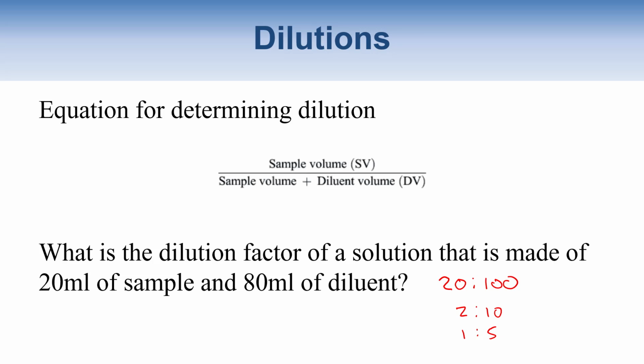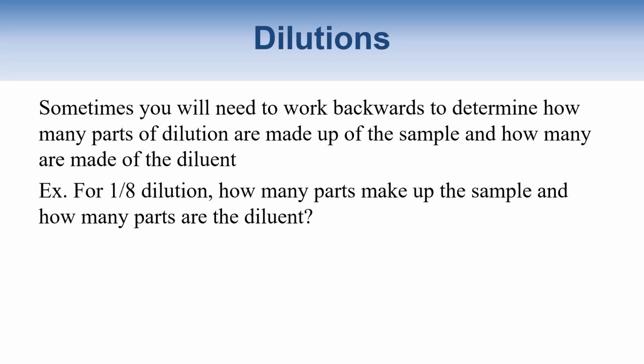Now, where did I get that from? So the first part of this is the sample. The second part of this is the total solution, so that's the sample plus the diluent. So that's where we broke it down. That's why it's 100 and not 80. And that's our dilution factor.